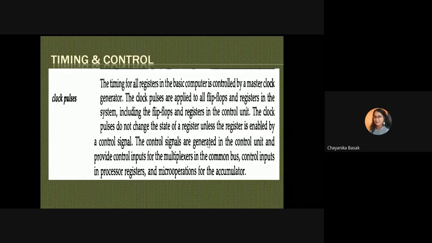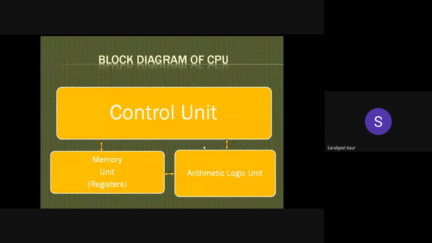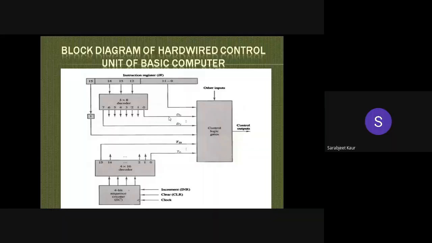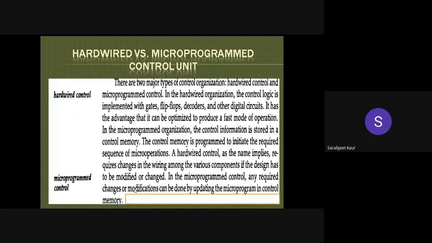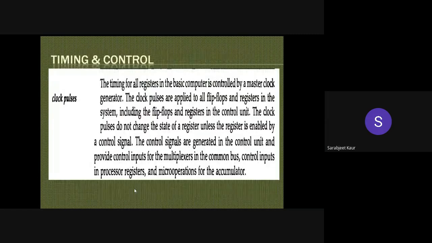Yes, ma'am. These control signals I just told you about are the signals generated by the control unit. So you can see that these control outputs that you see here are the control signals. The first thing that is applied to every unit in the computer system is the clock pulses. And the second thing that is applied is the control signal.